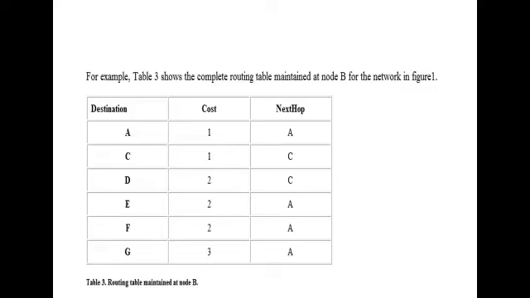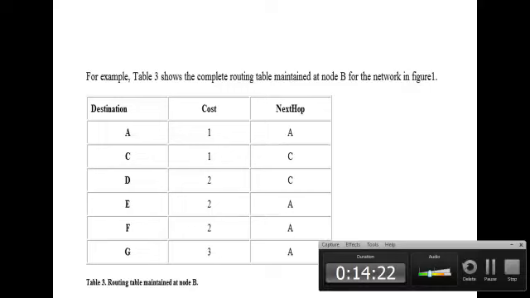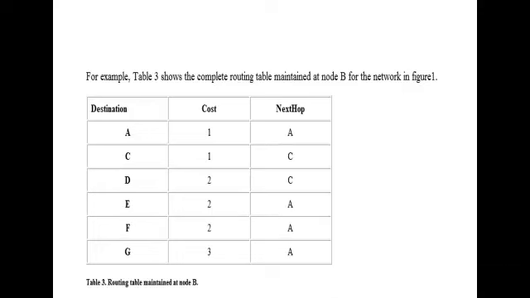Bellman-Ford algorithm is used to initialize the routing table, and after the exchange they can update their routing table on the basis of the logic of the Bellman-Ford algorithm. Okay, so this is the method which is very well used in distance vector routing. Further we will discuss their drawbacks and so on.